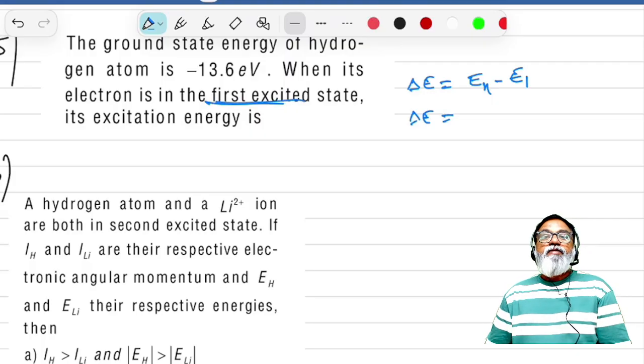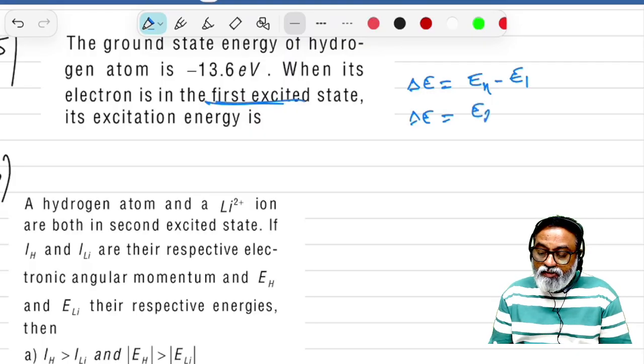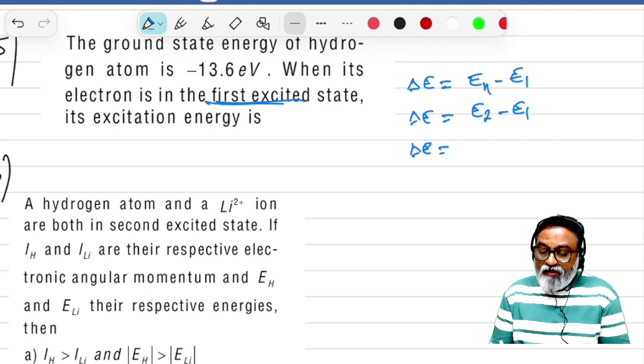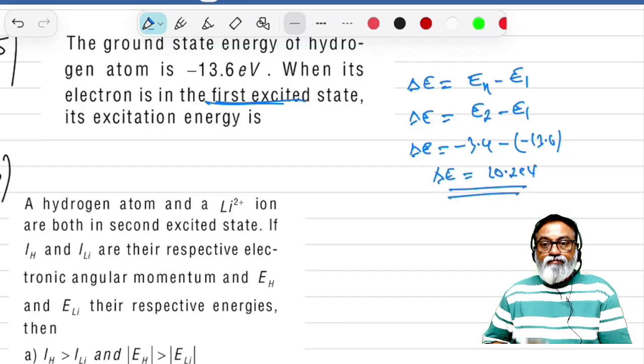First excited state means n is equal to 2. Therefore, this is E2 minus E1. Delta E is the second energy level, that is minus 3.4, and the ground state is minus 13.6. This becomes 10.2 electron volts.